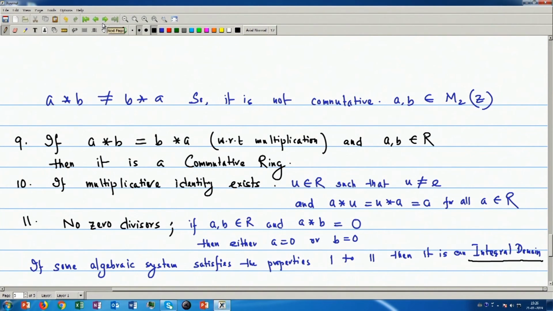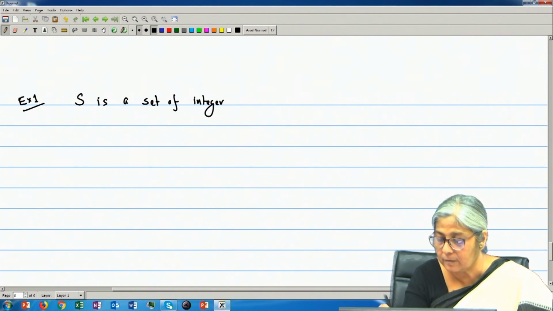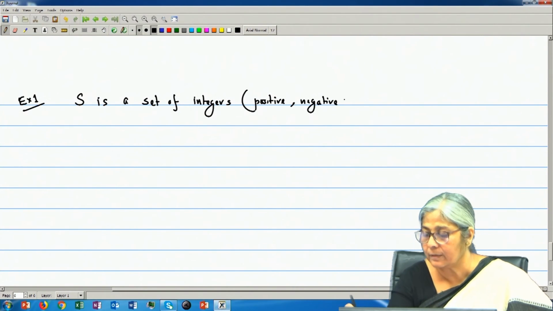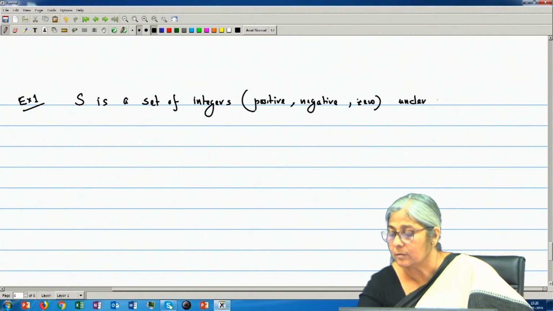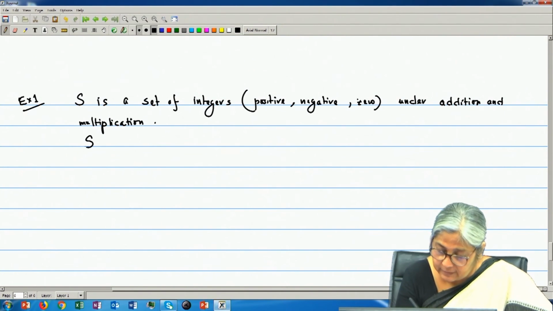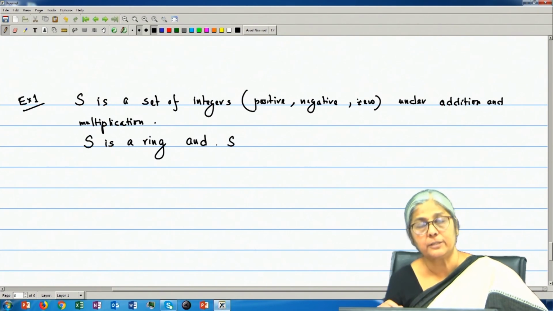Now, if I just take the example that S is a set of integers, positive, negative and 0, under ordinary addition and multiplication, then S is a ring first, and the additional 3 properties also hold.